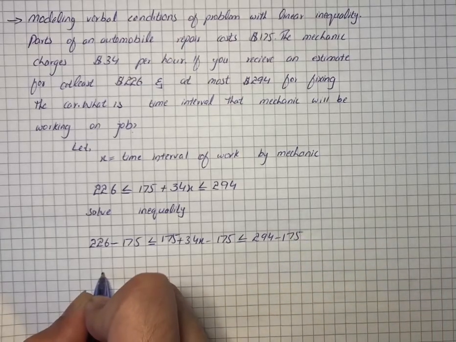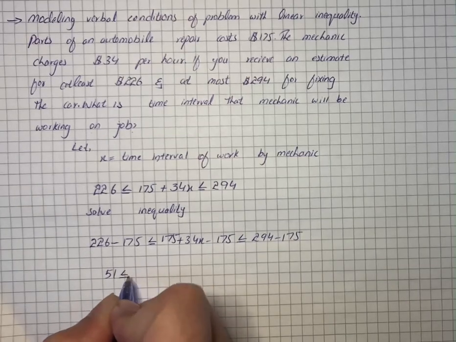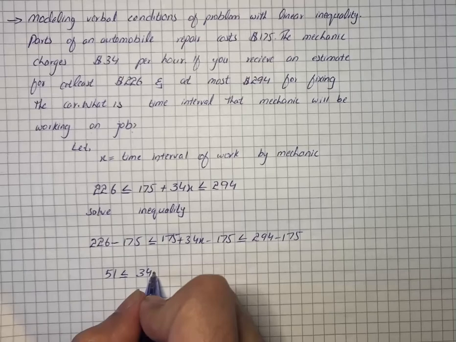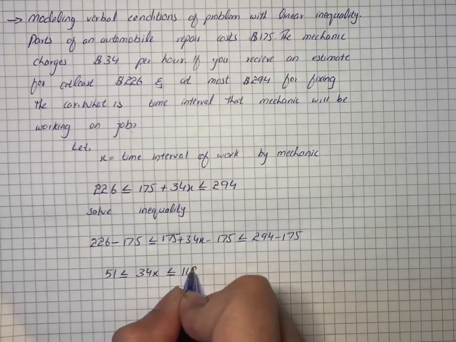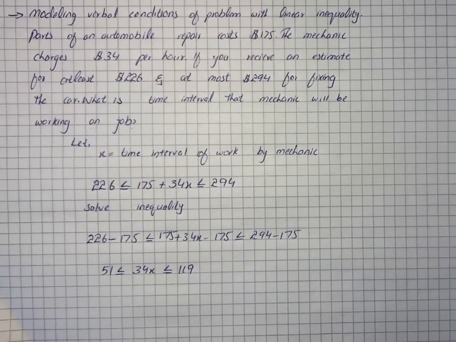So it will give us 51 less than or equal to 34x and less than or equal to 119, right? So up till here we have a rough situation.